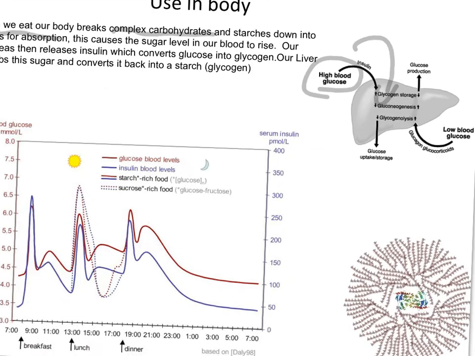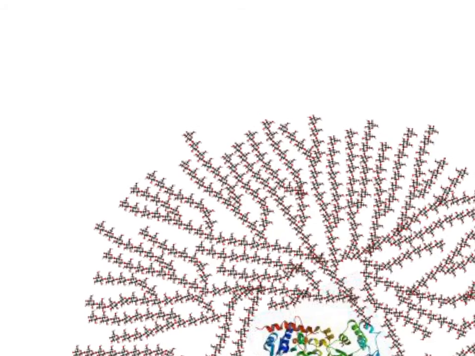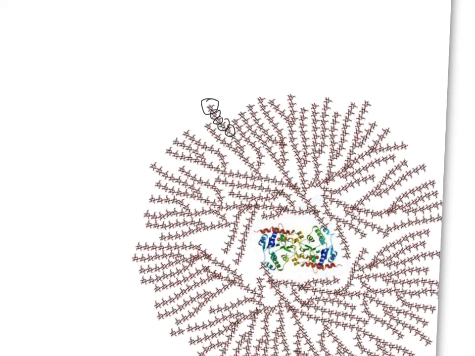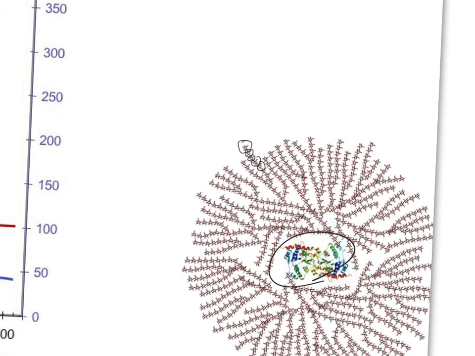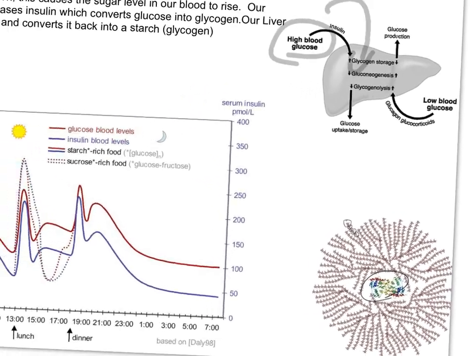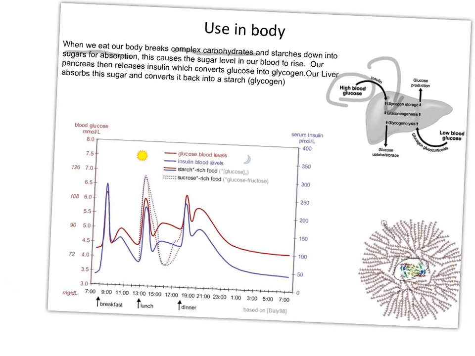So the super important task of taking, you can see that is one individual sugar and connecting it to another sugar, another sugar, another sugar. This is what happens in our liver. There's a protein in the middle of that glycogen, but for our purposes, you can just think of glycogen as being a bunch of sugars that are added together.